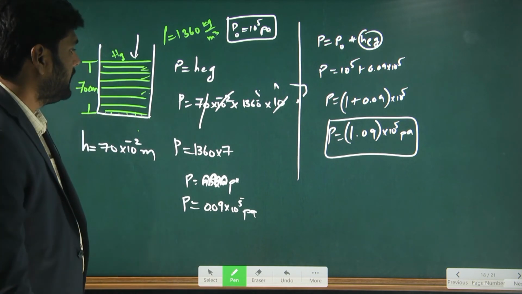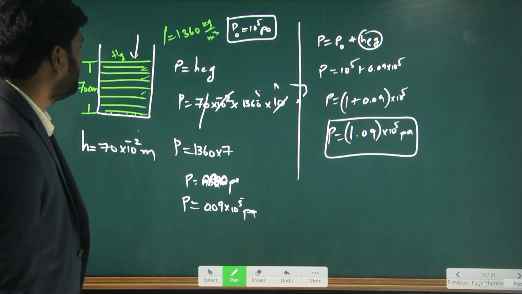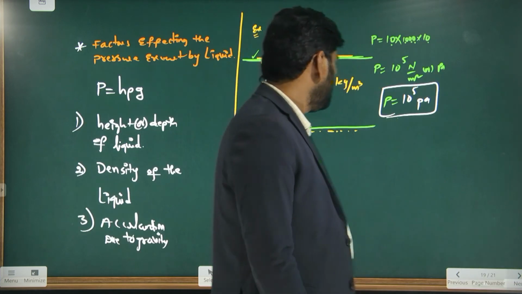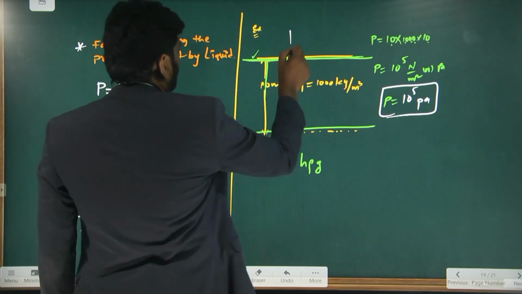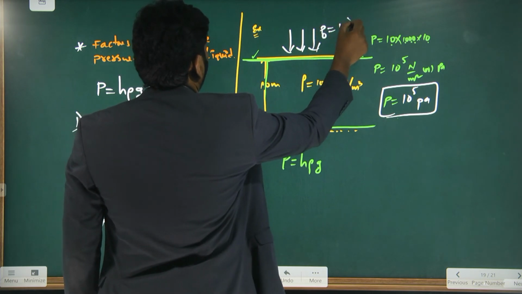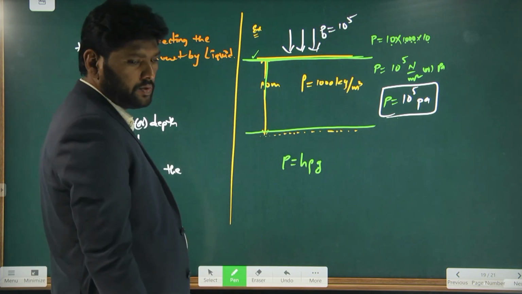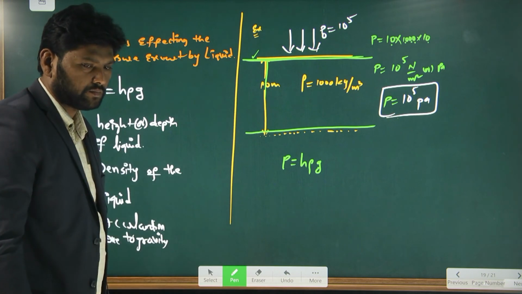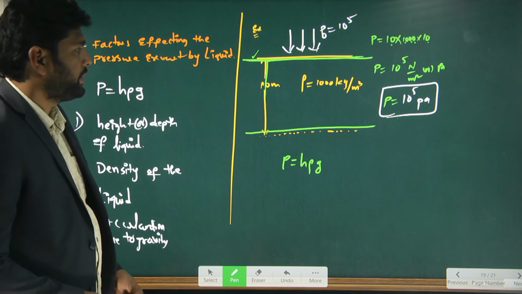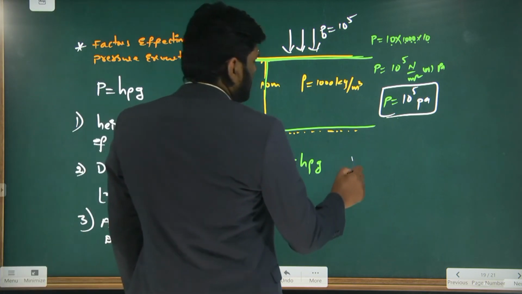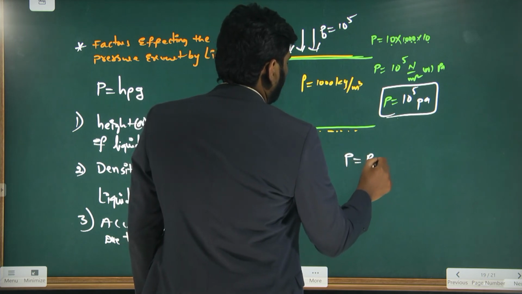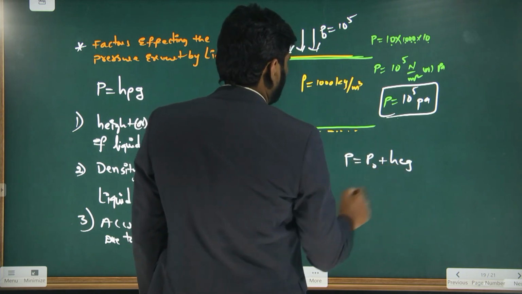Okay? And next, after this, shall I give one more? In the previous problem also, the same atmospheric pressure is exerted, P naught value also 10 power 5. Then what is the total pressure? Total pressure is equal to P naught plus H rho g.